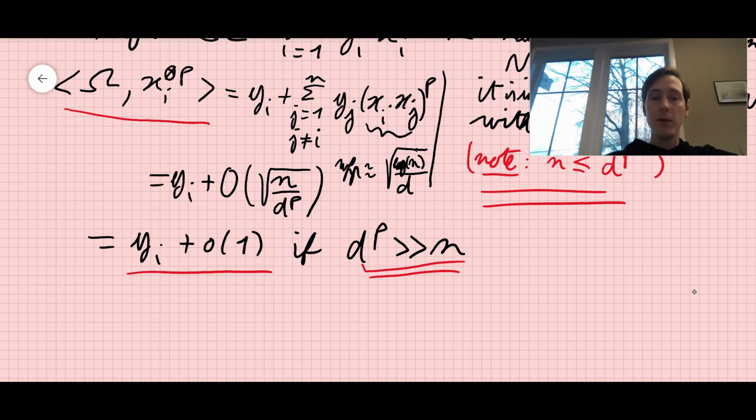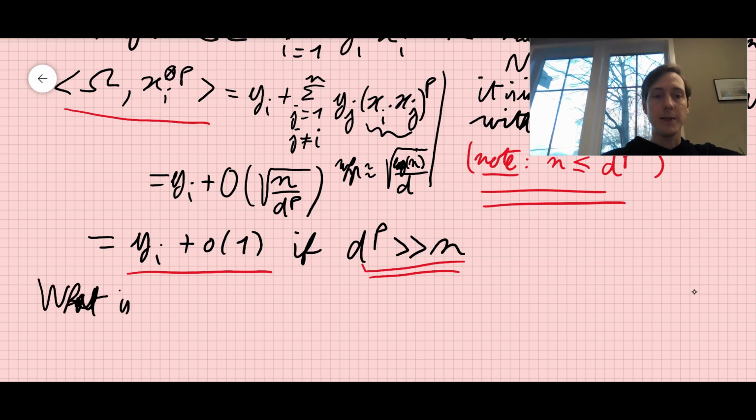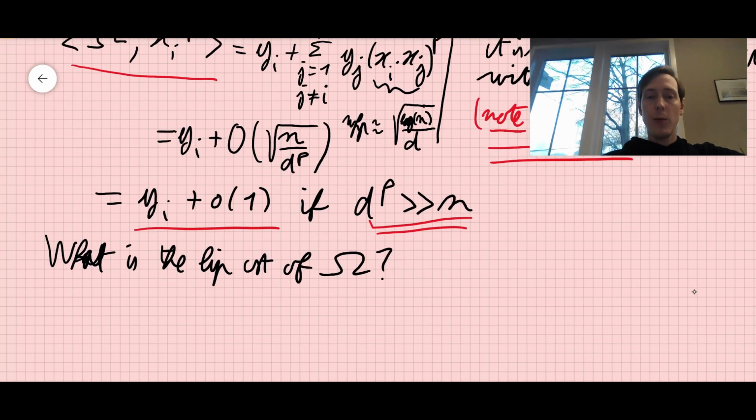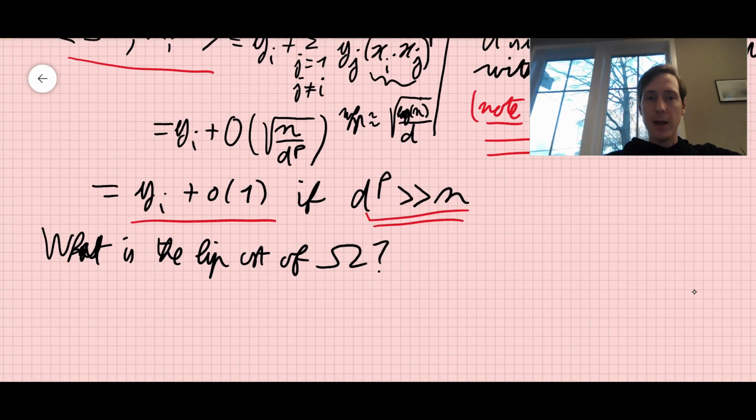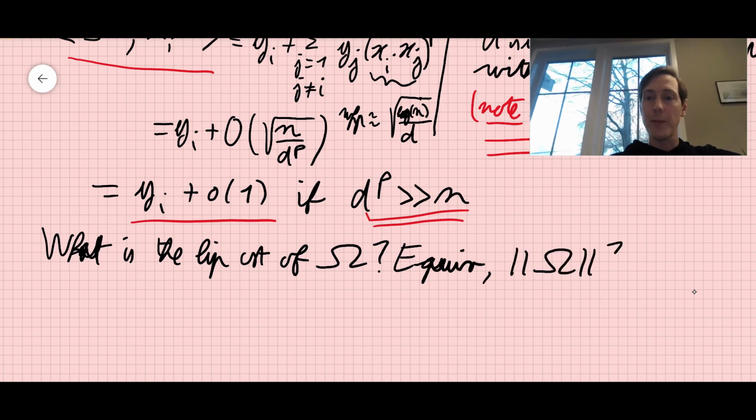So now it remains to estimate what the Lipschitz constant of omega is. It's easy to see, I didn't really explain, that this is equivalent to understanding the operator norm of omega.